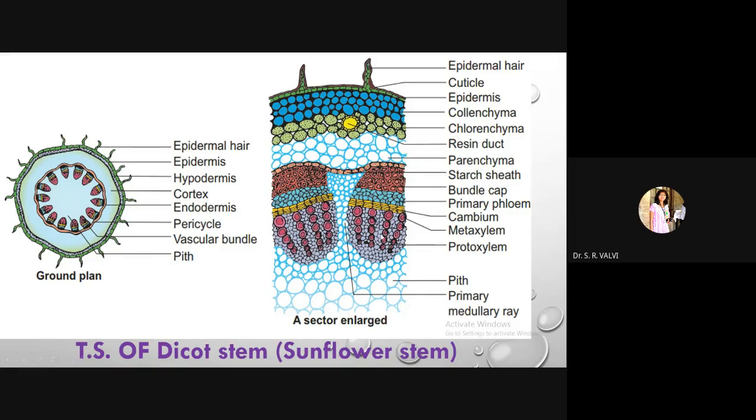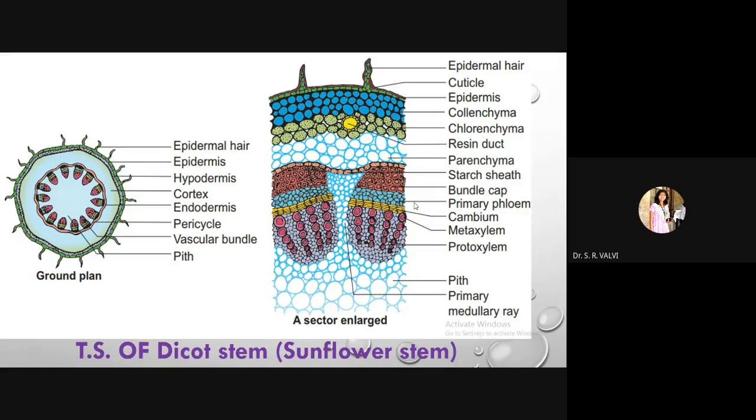So again see the arrangement of xylem tissue. Metaxylem we are observing towards the outside, towards the periphery, and protoxylem towards the center. So here MPPC, a somewhat different structure as I have explained, is present.